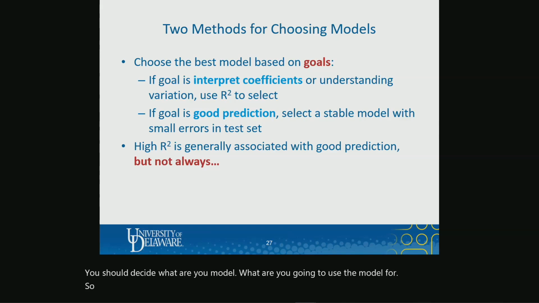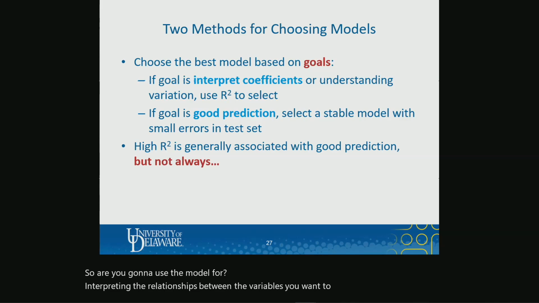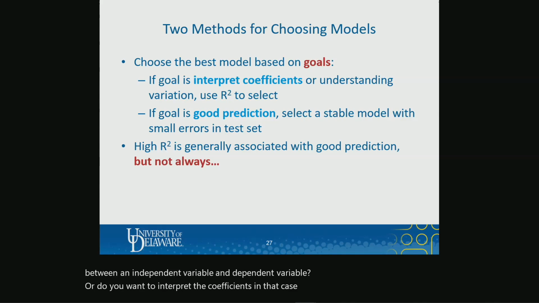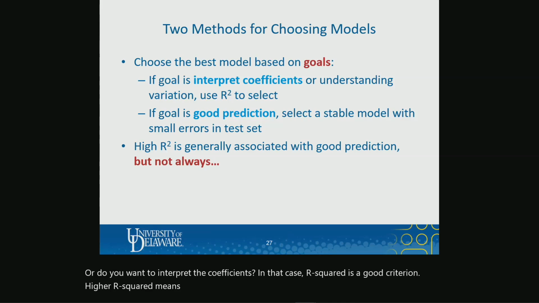So are you going to use the model for interpreting the relationships between the variables? You want to explain what's the relationship between an independent variable and a dependent variable, or you want to interpret the coefficients. In that case, R squared is a good criterion. Higher R squared means a better model. You can make better interpretations.